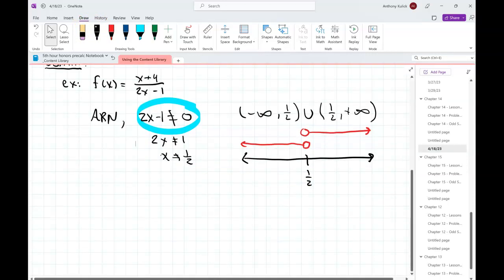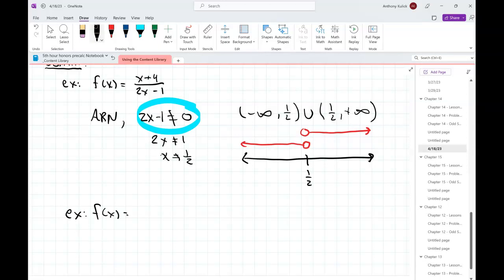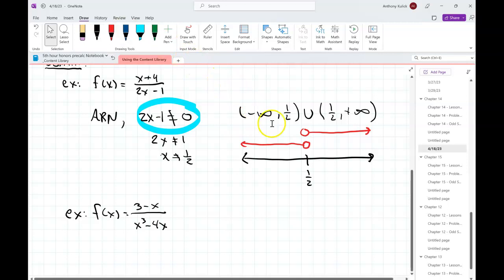Let's do one more example here where we have more than one discontinuity. So let's say this time our function is 3 minus x over x cubed minus 4x.